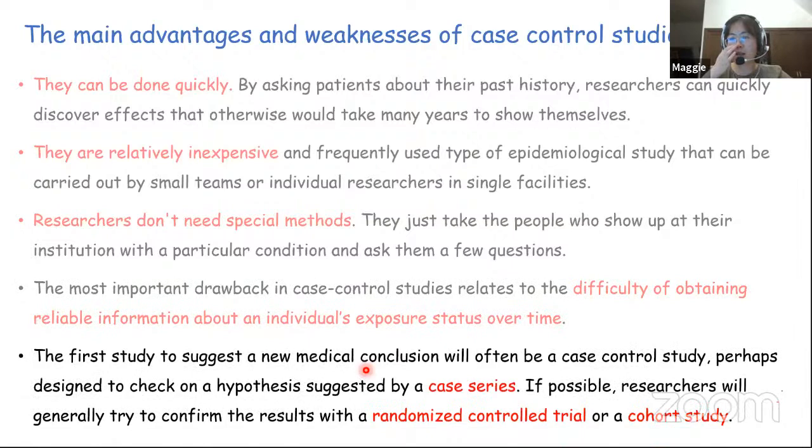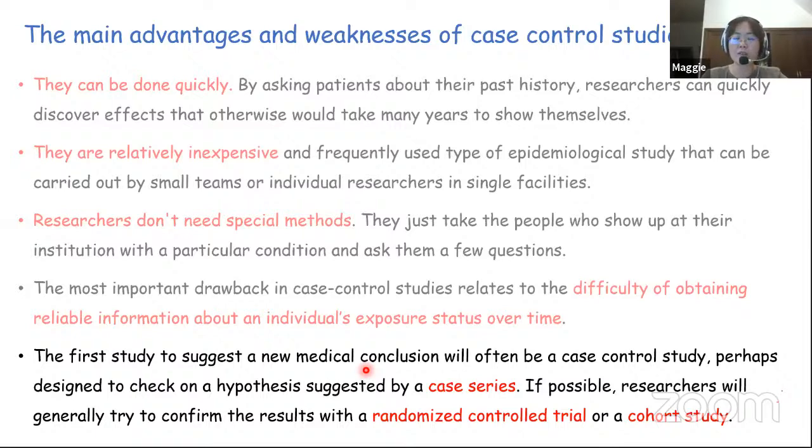Last, however, although they have weaknesses, case control studies are still the first studies to suggest a new medical conclusion. And after this first study, maybe later they can decide on a higher level of study, to design another randomized control trial or cohort study to confirm the first conclusion you get from the case control studies.